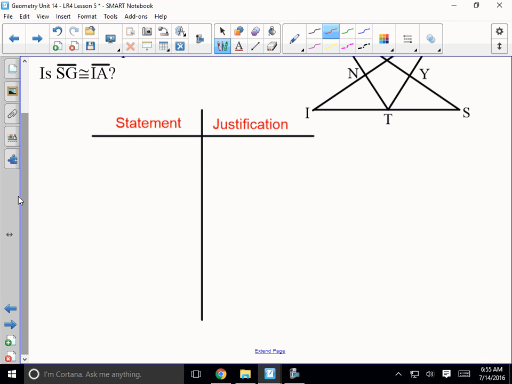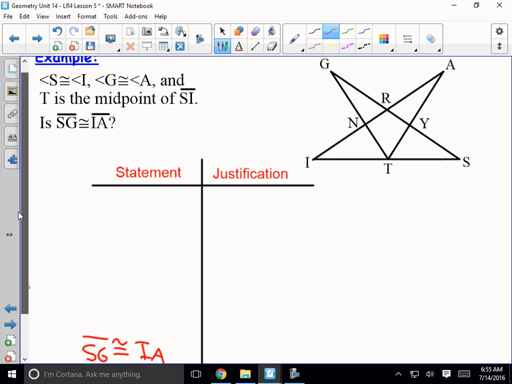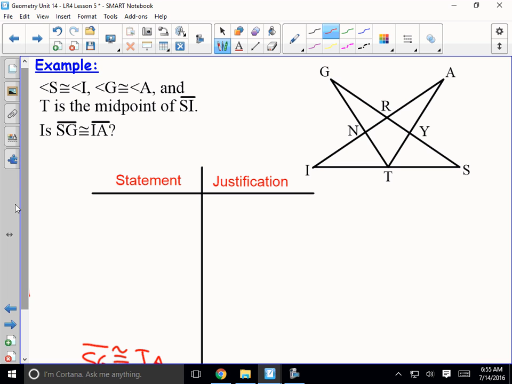What we're trying to prove is the statement that SG is congruent, or the same length as IA. So we have to see what the triangles are that give us those congruent pieces. Now, we're given a lot of information here that we're going to be able to put into our diagram and find our pieces.